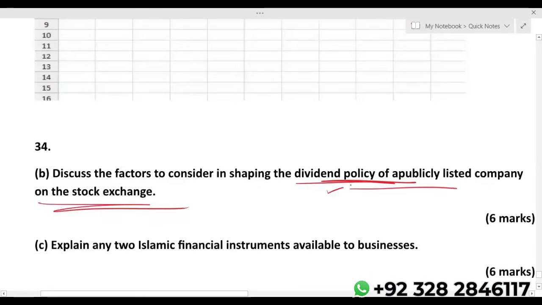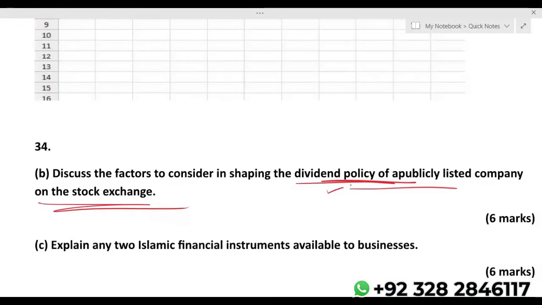Check availability of cash, clientele effect, current investment opportunities. Obviously, if the company is having a number of investment opportunities, they will restrict the company from providing the dividend. You need to see the covenants on the company. You have to see the impact of dividend on your financial gearing.